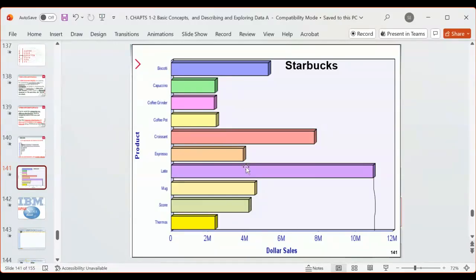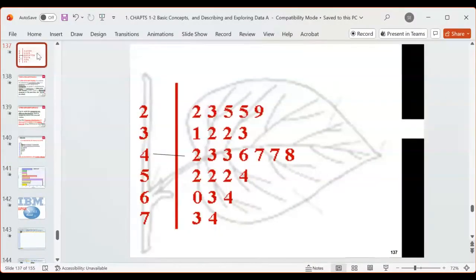And espresso, for example, the orange next to it. This is in reality how it looks. This is stem and leaves. In terms of numbers, it's the same thing. These are the numbers. This is also like a bar graph or histogram.